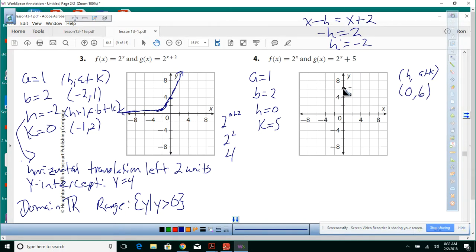So 0, 6 is going to be right there. And then we have h plus 1 and a times b plus k. So 0 plus 1 gives us 1. And then a times b, that's 2, plus 5 is 7. So we got 1, 7. Let's see here. 1, 7 is going to be about right there.